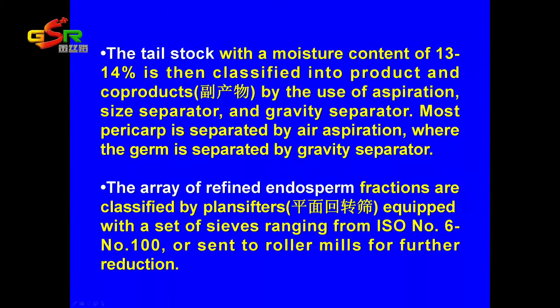And the array of the refined endosperm fractions are classified by the plansifter equipped with a set of sieves ranging from ISO number 2 to number 100, or sent to the roller mill for further reduction of the size.